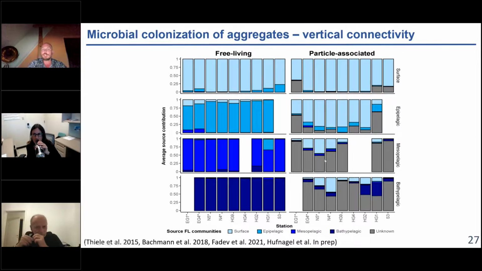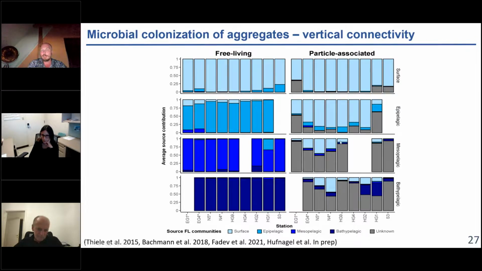But the deeper we got in the water column, we saw that we still had a large fraction of the surface bacteria there, even though it did decrease. But we didn't really get a large fraction of the community from the epipelagic into the aggregate, or the mesopelagic, or the bathypelagic.